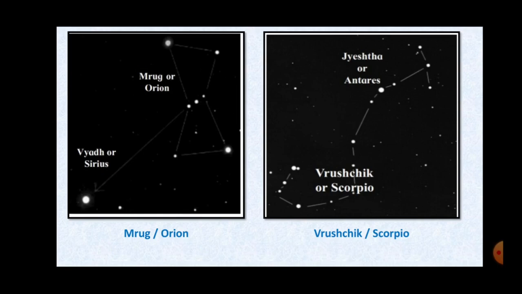As you can see in the picture also, Antares or Jyeshtha is the brightest star in the group of stars which form Vrishchik or Scorpio. And this constellation Vrishchik is just below the equator and it is in the southern hemisphere. Okay, so this was all about the constellations.